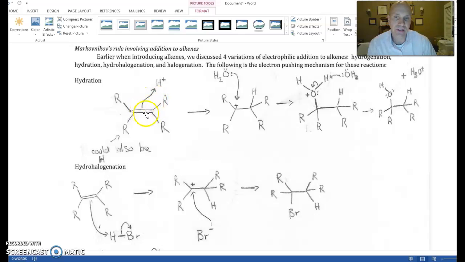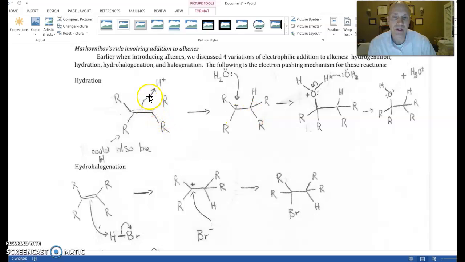The reason is that the first step in the mechanism is that an electron pair from this double bond has to attack that hydrogen to create what you call a carbocation intermediate. Let's say two of the electrons from this double bond attack this H+. That would create this intermediate right here.